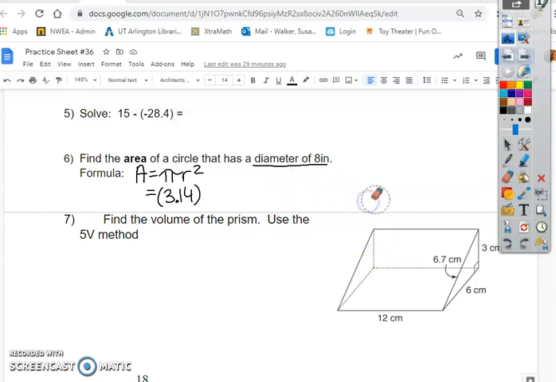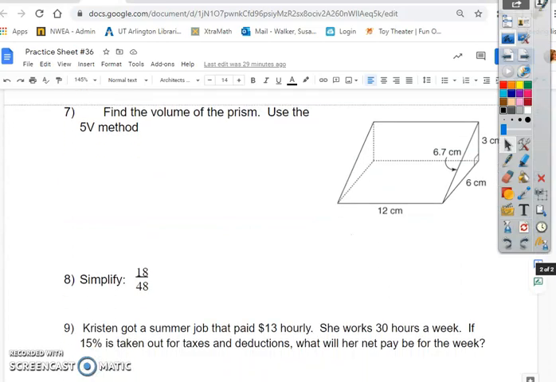Hopefully you know it's half of that, which is 4. Remember, 4 squared means 4 times 4. What's 4 times 4? 16. That's going to be your job. Figure that one out. And we will do the next video for the backside.